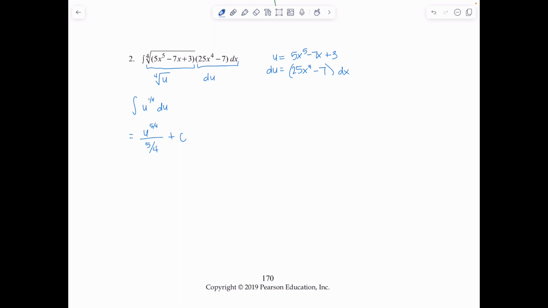Now we substitute u back in, so we'll have 5x to the 5th minus 7x plus 3 to the 5/4 plus c.